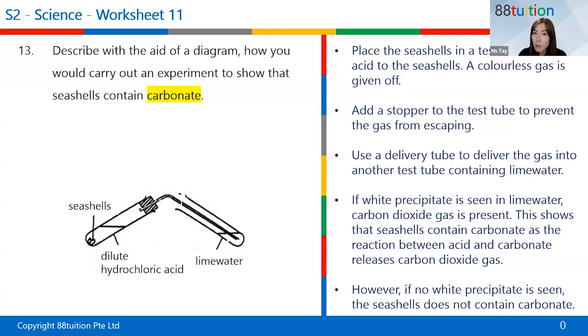Then, of course, in MCQ, there will be a few questions on chemical changes. So what kind of question can be tested? If you look at question 13, this is not a full question. If it's a section C kind of question, it's only going to take up one small part, because every question in section C will be 10 marks each.